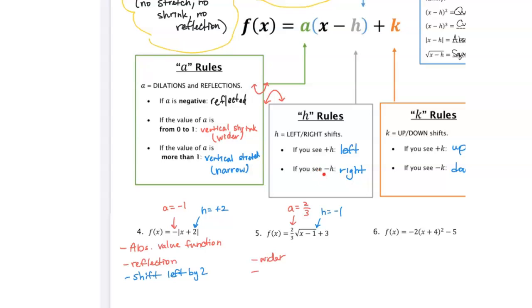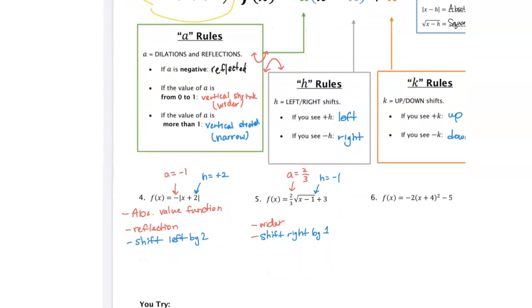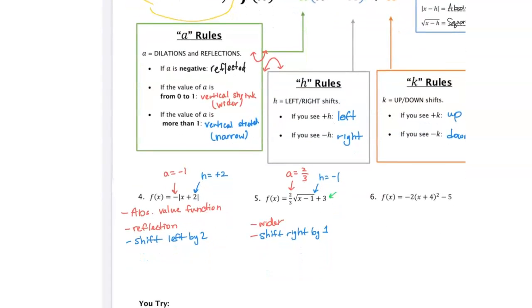So our h rules, if we see a minus h, that's a shift right by 1. And at the end, we have a plus 3. So that's a k value equals plus 3. So then therefore, we have our k rules, that's a shift up. So shift up by 3.